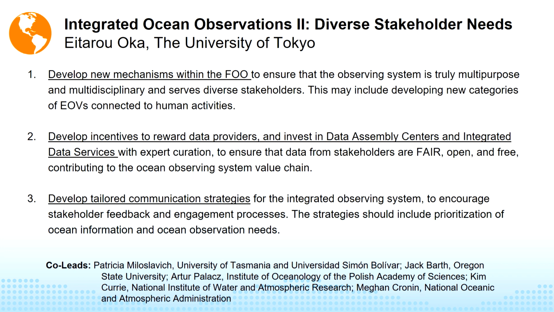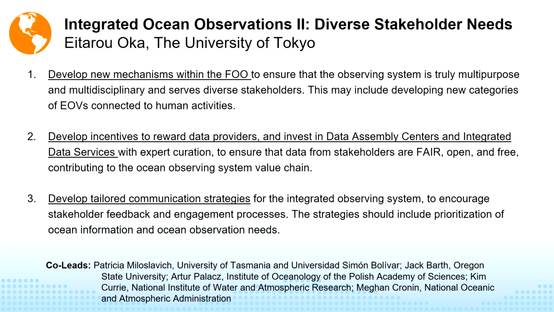The second one is about data to information: develop incentives to reward data providers and invest in data assembly centers and integrated data services with expert curation to ensure that the data from stakeholders are FAIR, open, and free, and contribute to the ocean observing system value chain.